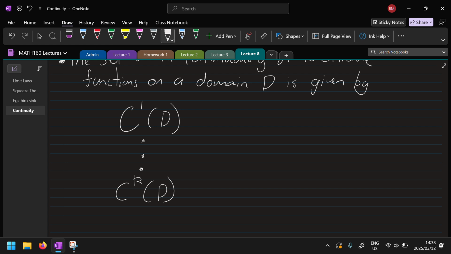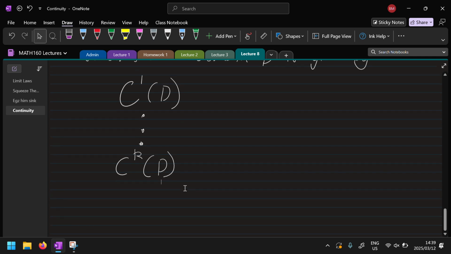For example, x cubed is an example of a k times continuously differentiable function, because you can take the derivative once, that will be 3x squared, as you know from high school. Take the derivative again, that will be 6x. Take the derivative, it's continuous. Take the derivative again, it's 6, that's continuous. And you can continue like that. So that is k times differentiable.